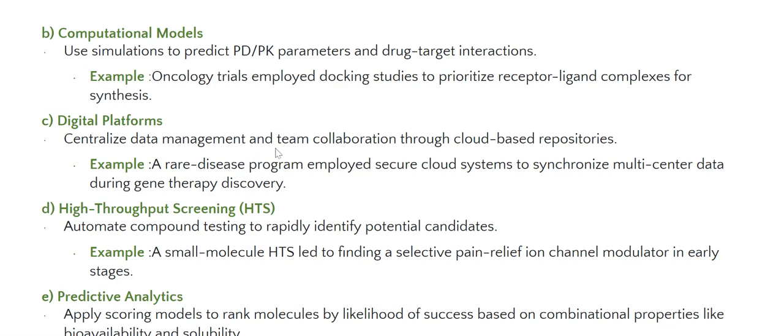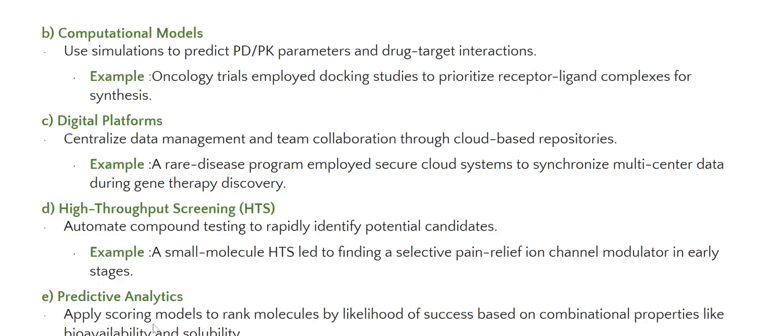Digital platforms centralize data management and team collaboration through cloud-based repositories. For example, a rare disease program employed secure cloud systems to synchronize multi-center data during gene therapy discovery. High throughput screening, HTS, automates compound testing to rapidly identify potential candidates. For example, a small molecule HTS led to finding a selective pain relief ion channel modulator in early stages.